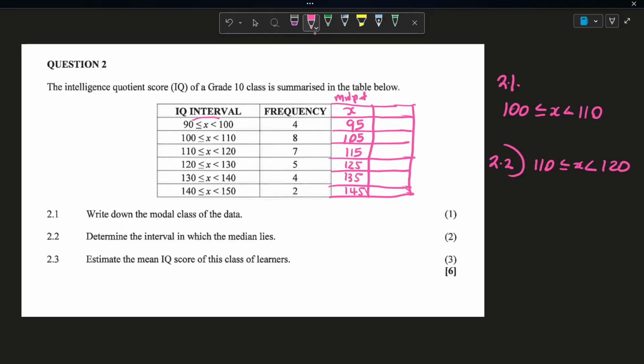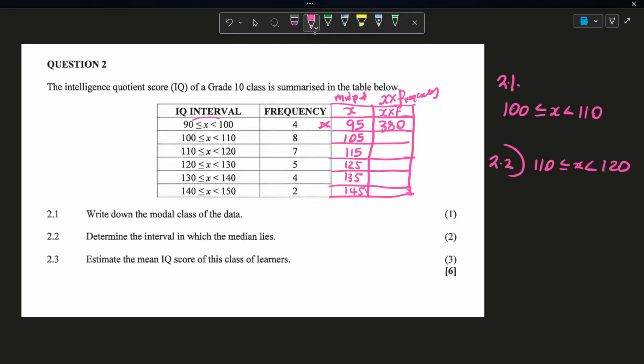And then we go to x multiplied by f. What is f? It is the frequency. You multiply the answer you got at the midpoint with the frequency. So it is 95 times 4, and you are going to get 380.